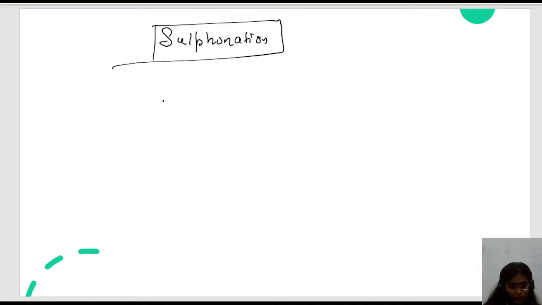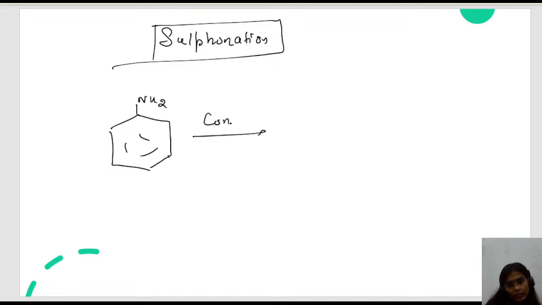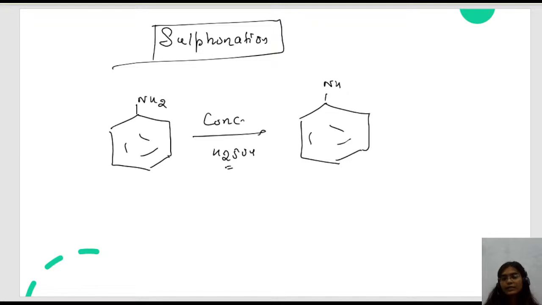So how about the sulfonation of aniline? In this case, this is aniline NH2, and we have to use again the concentrated H2SO4. What is happening? As I already told you in the previous class, H2SO4 behaves like an acid first.